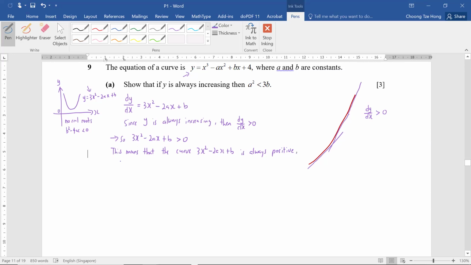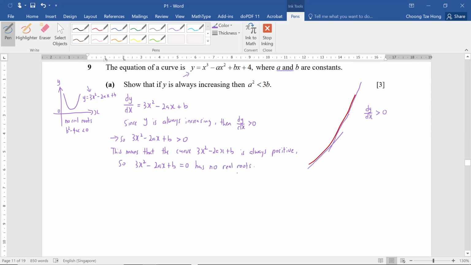If we were to solve this equation, 3x squared minus 2ax plus b equals 0, and try to find the roots, we will find that it has no real roots.